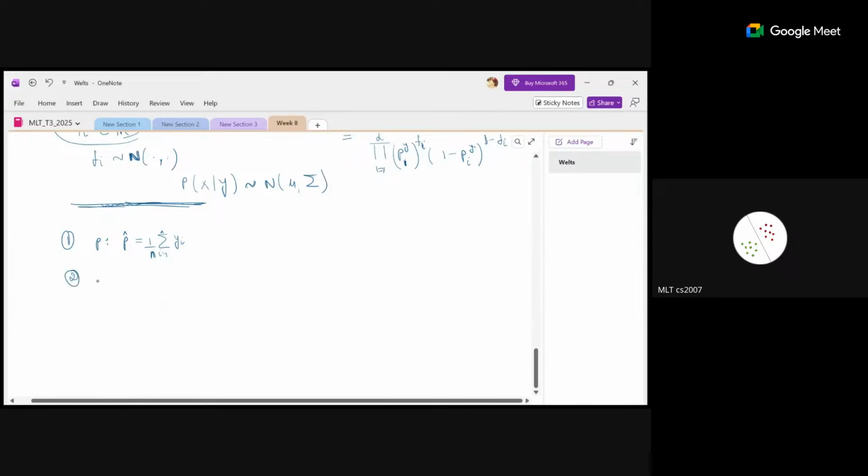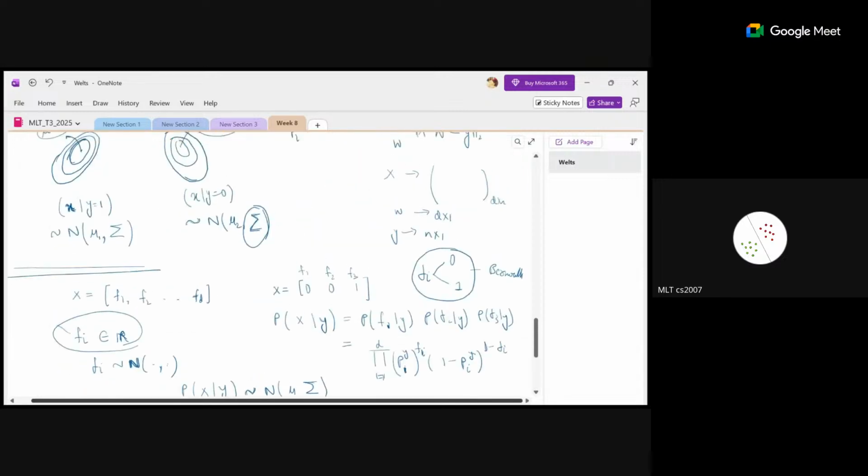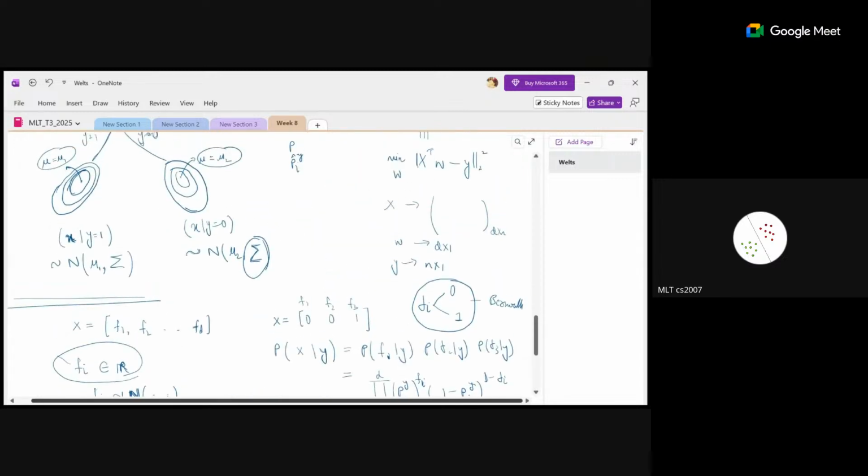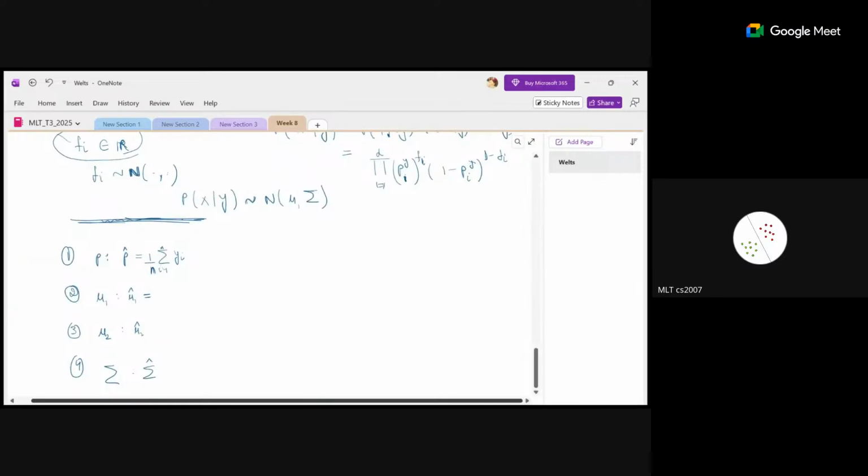Then second we want mu1 hat, third we want mu2 hat, fourth we want sigma hat. So what is mu1 hat? Since it's a mean for the data set which is coming from class 1, this is nothing but the sample mean of the data points which have label 1.